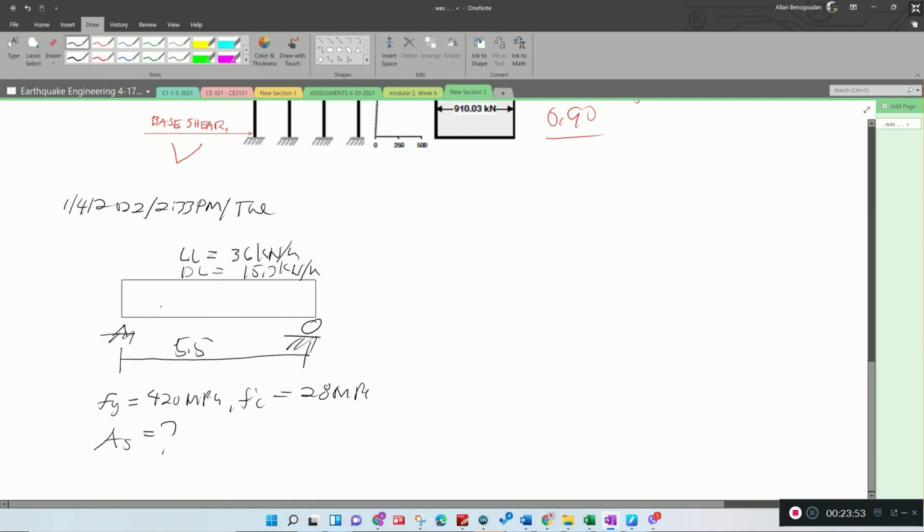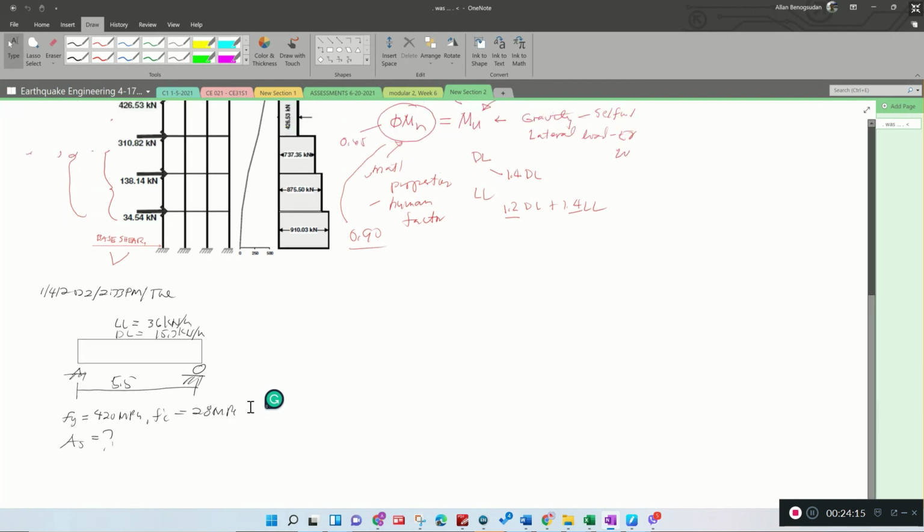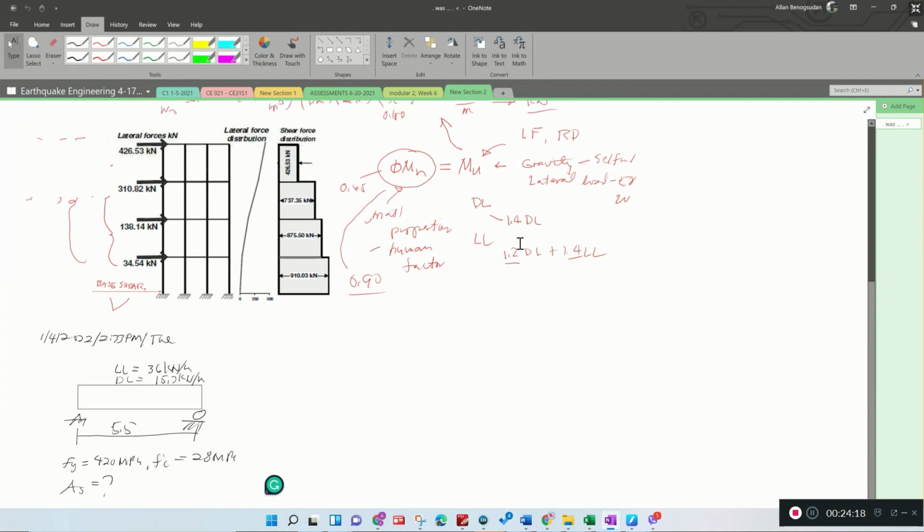If this is required, of course we have to determine the load first, determine the factored moment and compare it with this. If not okay, then you can say whether it's singly reinforced or doubly reinforced.